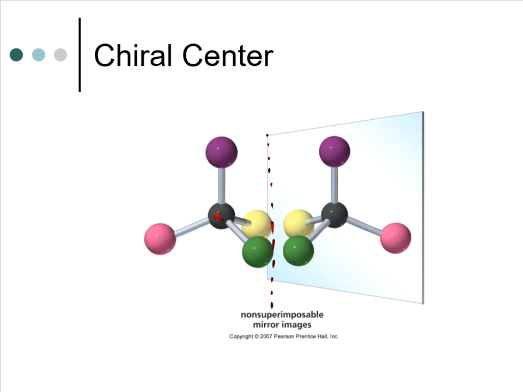There's our new one. If you had a model kit and you made these 2 models exactly the way that they look on the screen right now, that model kit is 3-dimensional. It lets you see this perspective maybe a little bit more.